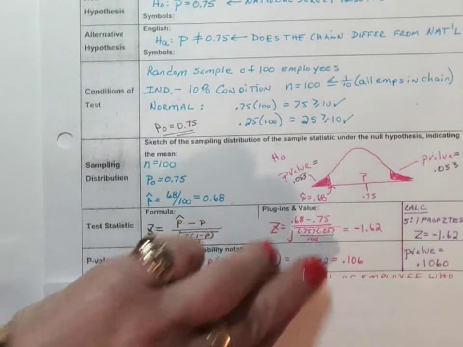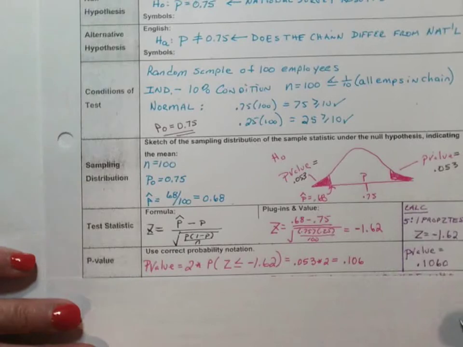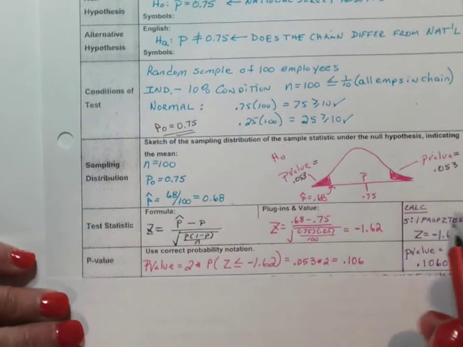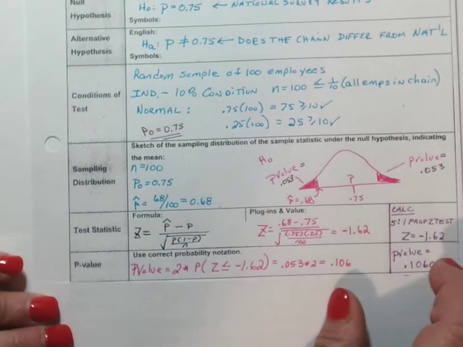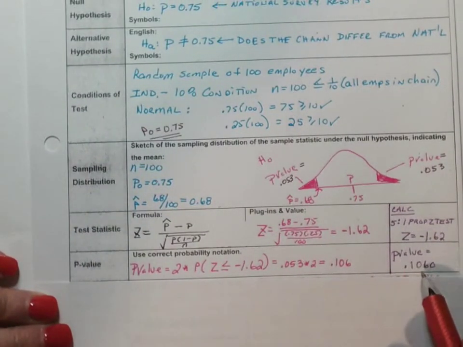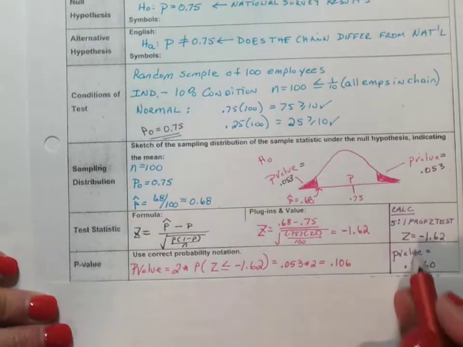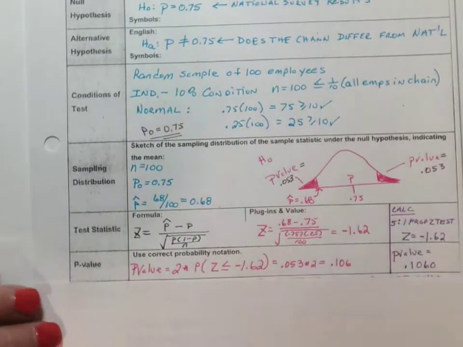Now, on the AP exam, make sure you know how to use your calculator to find the Z statistic and the p-value and clearly label them.